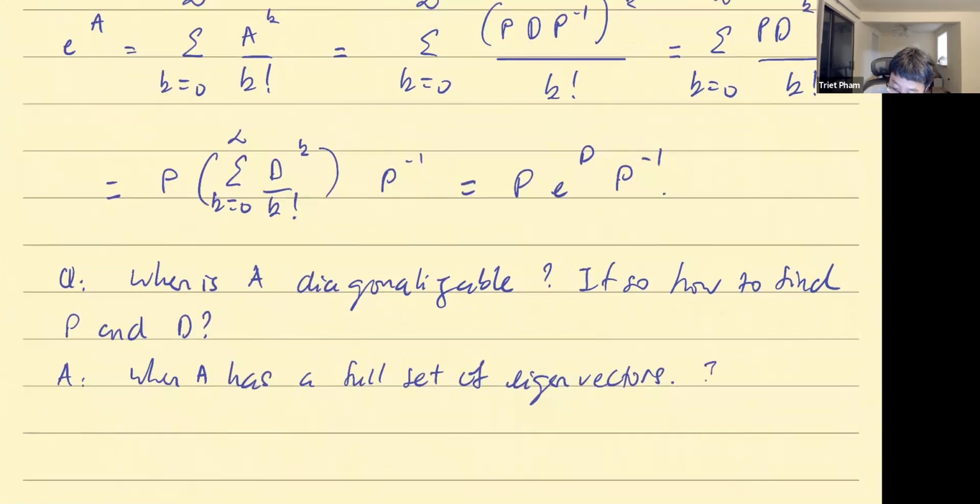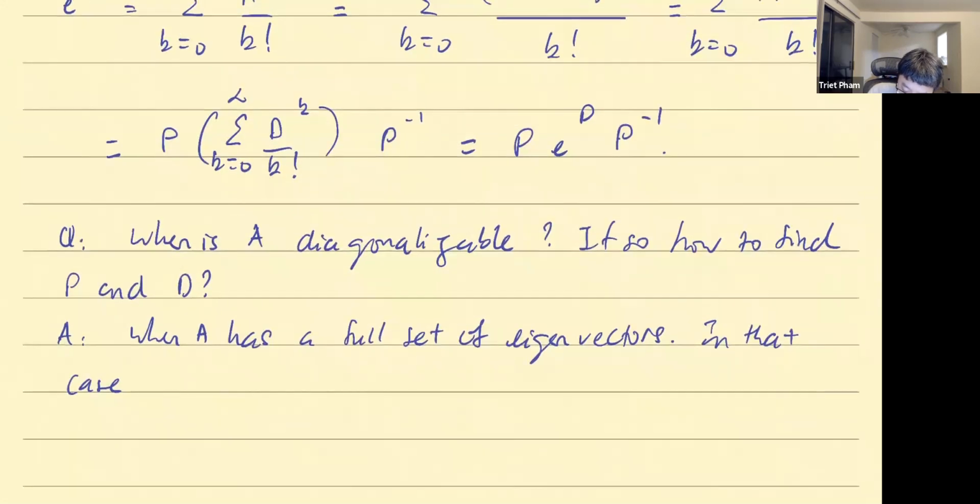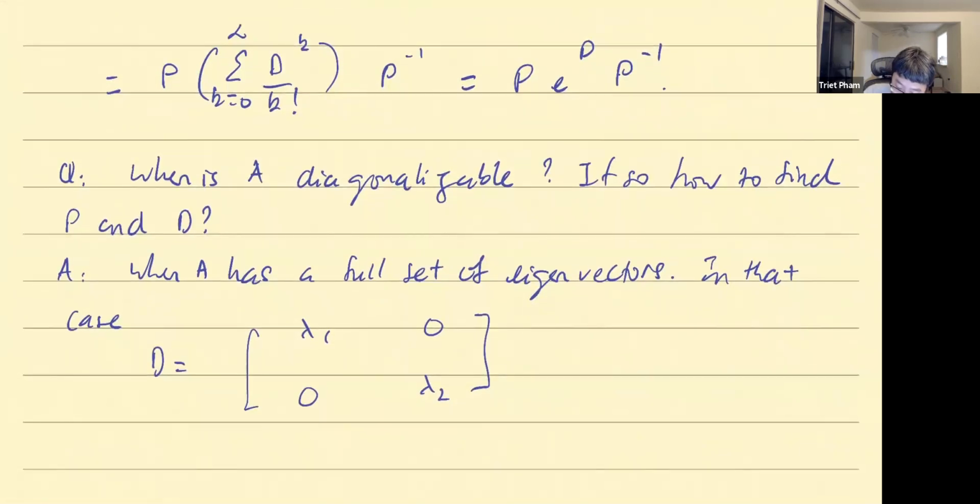In that case, D is the matrix formed by the eigenvalues and P is the matrix formed by the eigenvectors.